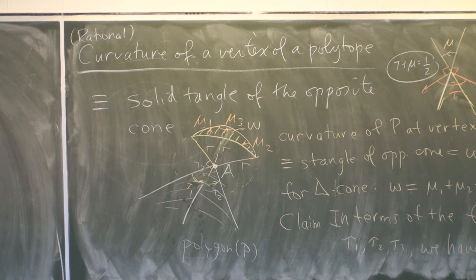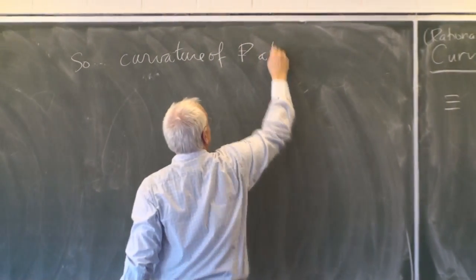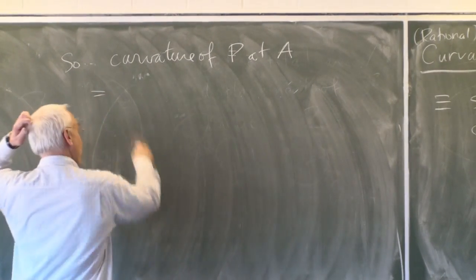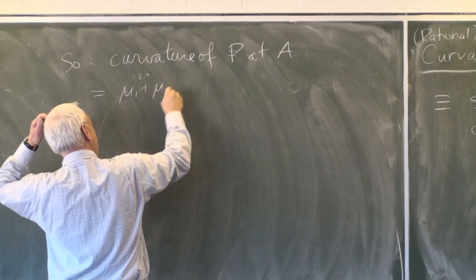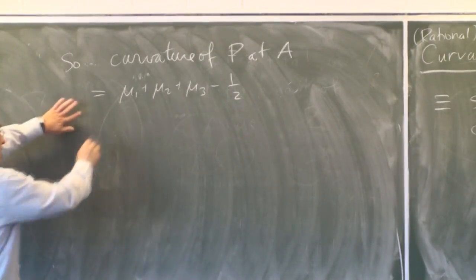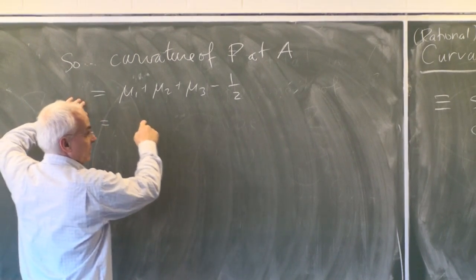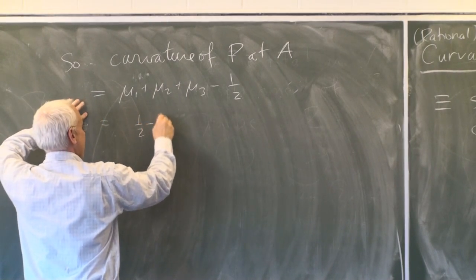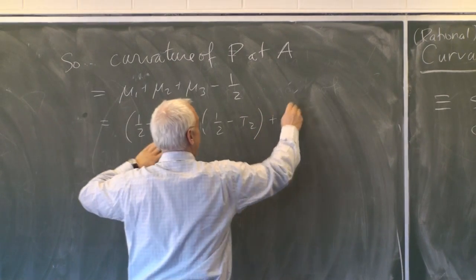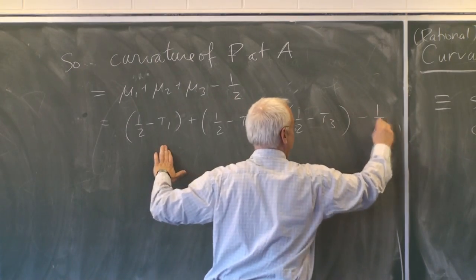So the curvature of P at our vertex A, which on the one hand from Harriot is mu 1 plus mu 2 plus mu 3 minus a half, is now in terms of the taus: a half minus tau 1, and then a half minus tau 2 plus a half minus tau 3 minus a half.